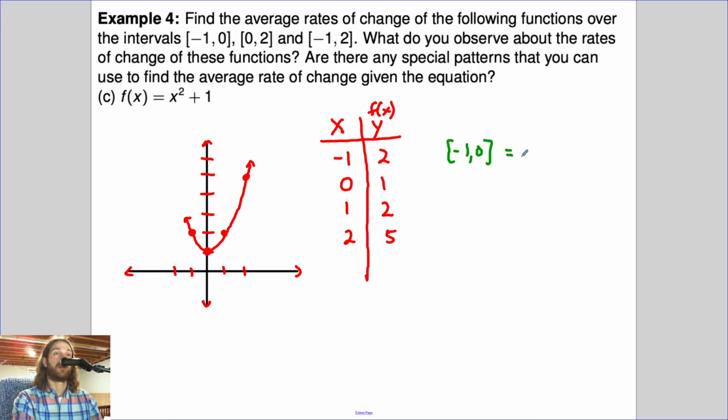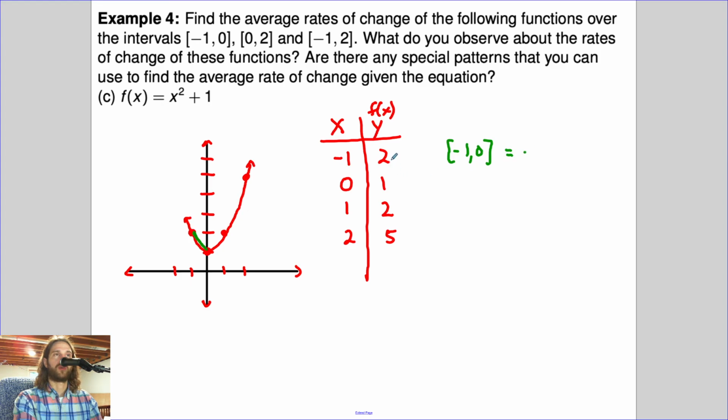How do we do that? Well, we just calculate the slope. And you can do that pretty quickly with the points that are given. We have the values that are given here. So basically from -1 to 0, what's our slope?